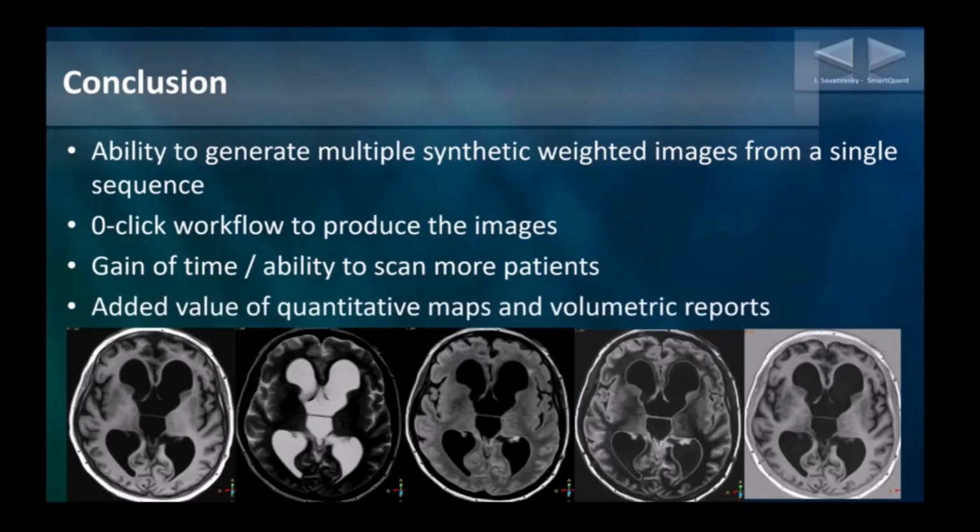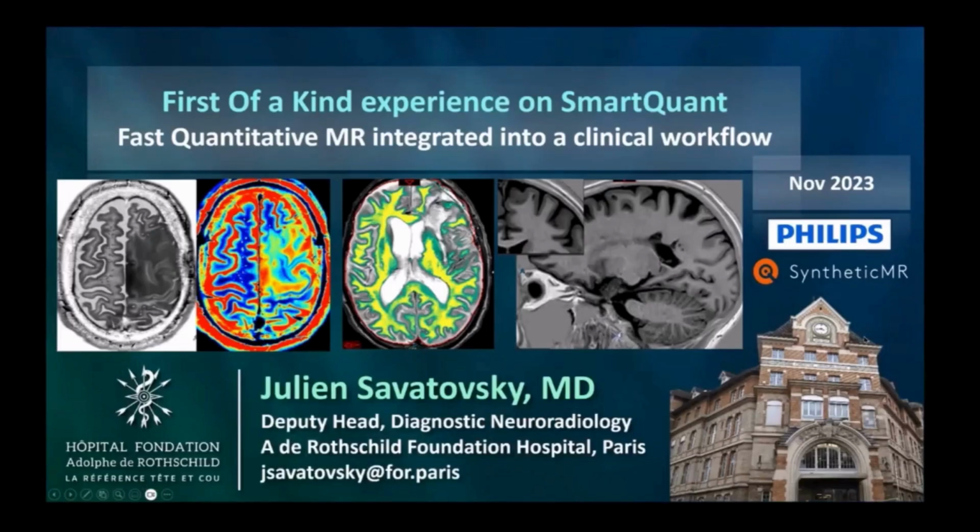With that same acquisition, we can have the added value of quantitative maps and volumetric reports. And I hope with my examples that you are convinced that it's a real added value in some clinical indications. So I'm open for questions, and I thank you for your attention.